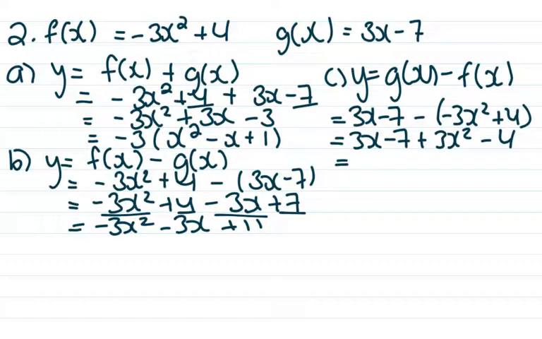I'm going to write the 3x squared first because we write the highest degree first. So 3x squared plus 3x, and then negative 7 minus 4 is negative 11. And that's subtracted. So that's how you do it. You add and subtract functions algebraically, and now we'll do it graphically.